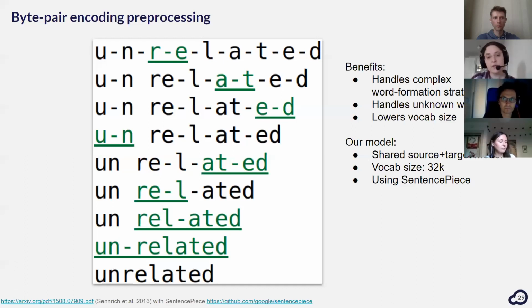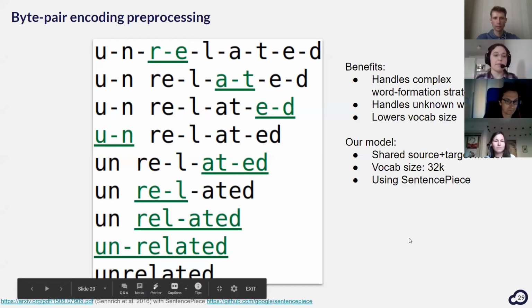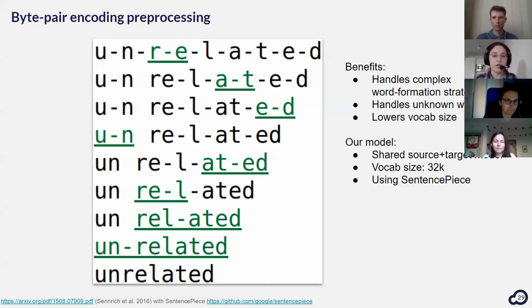Also, for pre-processing the text, we use byte pair encoding. For anyone that might not be aware, byte pair encoding is a tokenization method. What you do is, first you take all of the characters in your corpus one at a time, and you add them to your vocabulary.